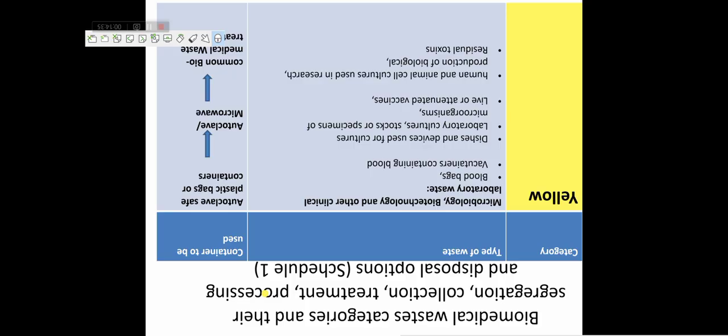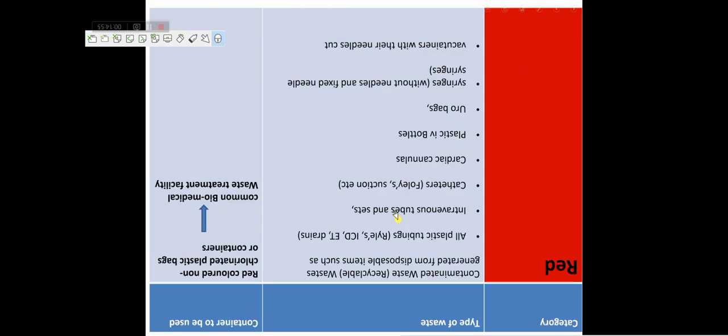Because these can be infected or harmful and can create infections, as they grow microorganisms, also for the vaccines. There will be some toxic substances, so that is why it is important to autoclave them before disposal.